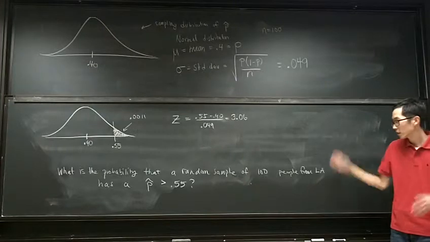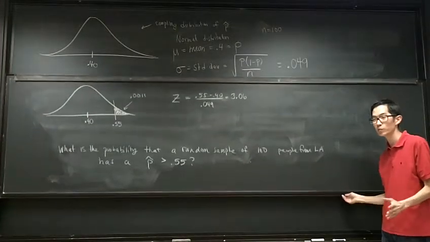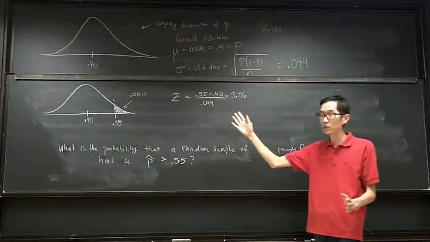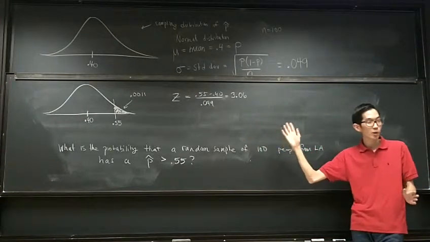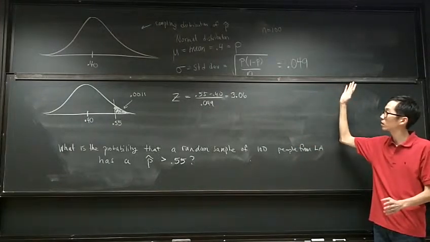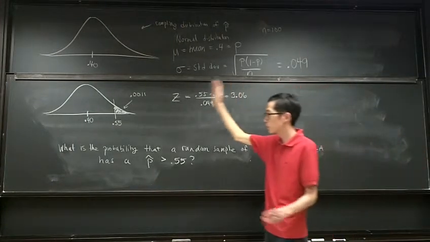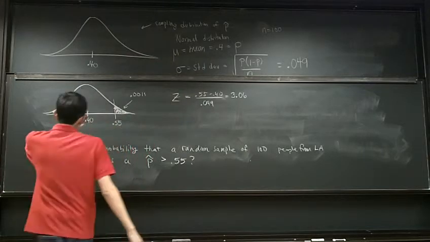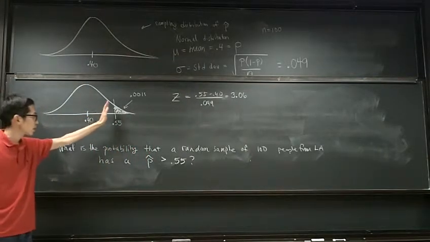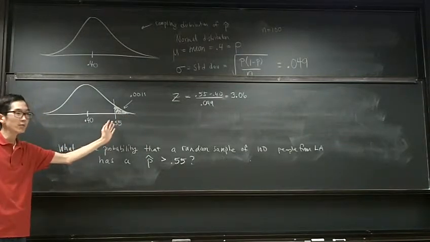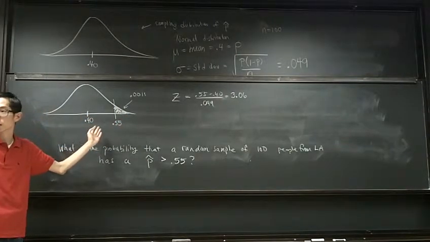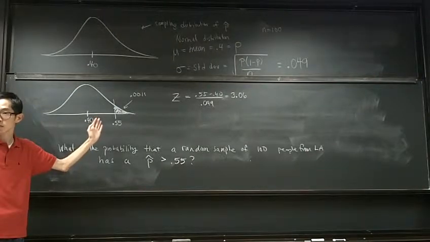That's because the overall proportion of LA that's white is 40%, and so to get 55% is rather unusual. Does that make sense?